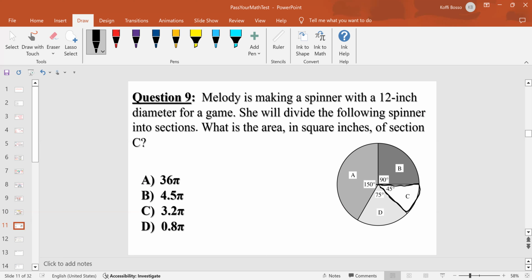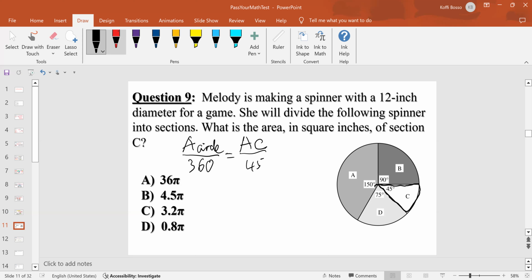A general formula is this: area of the entire circle divided by 360, because the entire circle is 360 degrees, is equal to the area of section C divided by 45.